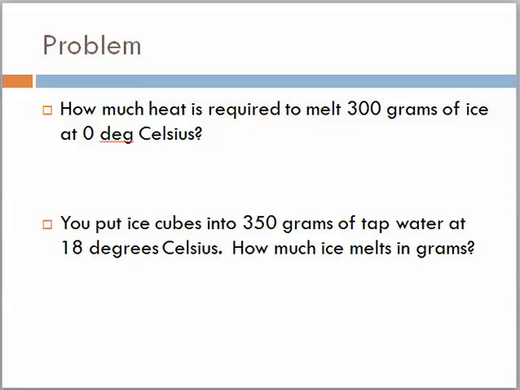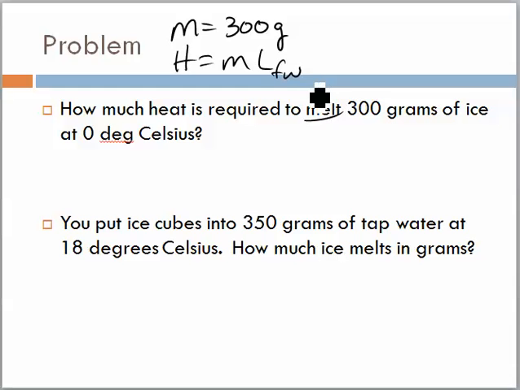Alright, let's do an example of this. How much heat is required to melt 300 grams of ice at 0 degrees Celsius? Well, we know that we have a mass of 300 grams. And it's going to melt. So that talks about the fusion. I'm going to use my equation of H equals M L F of W, the fusion of water.